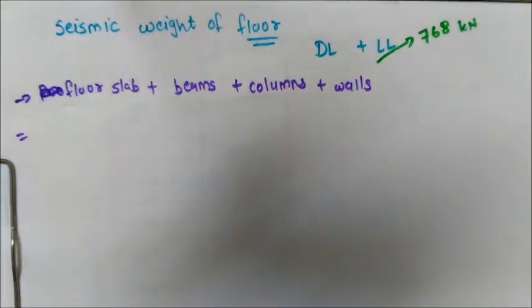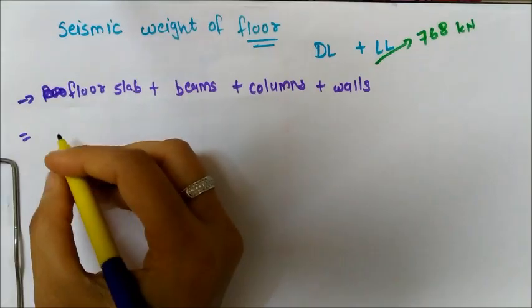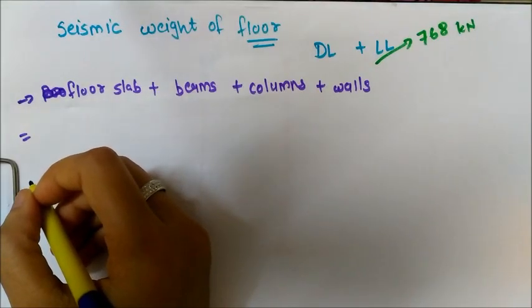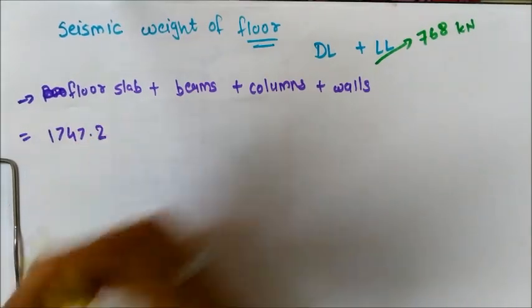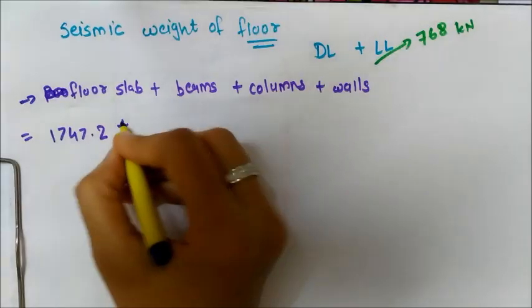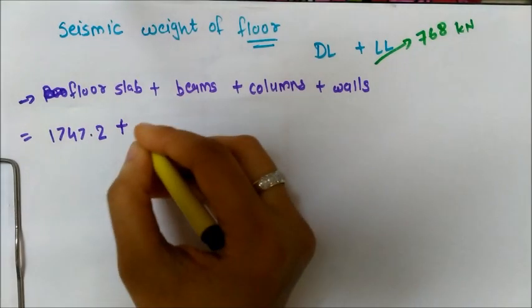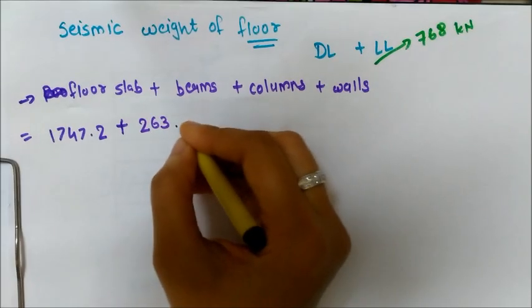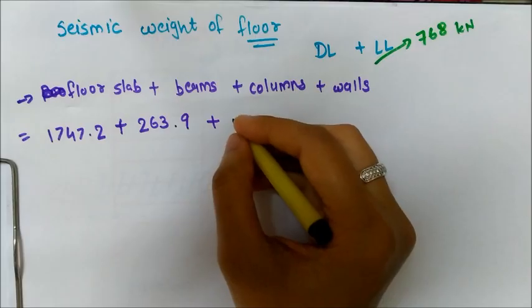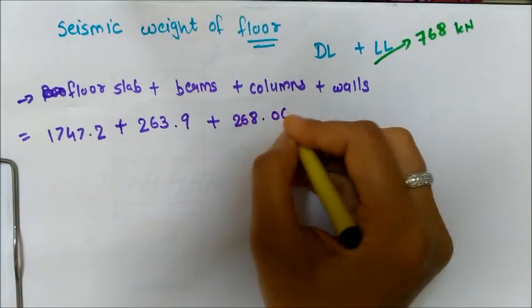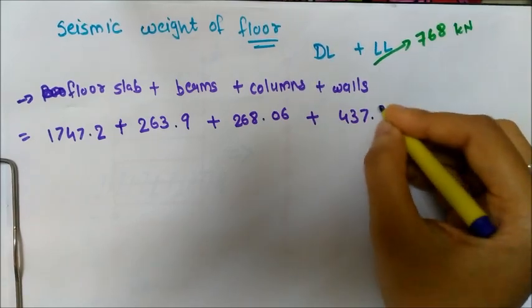The floor slab value is 1747.2, plus the longitudinal beam 263.9, plus the transverse beam weight 268.06, plus columns 437.92.